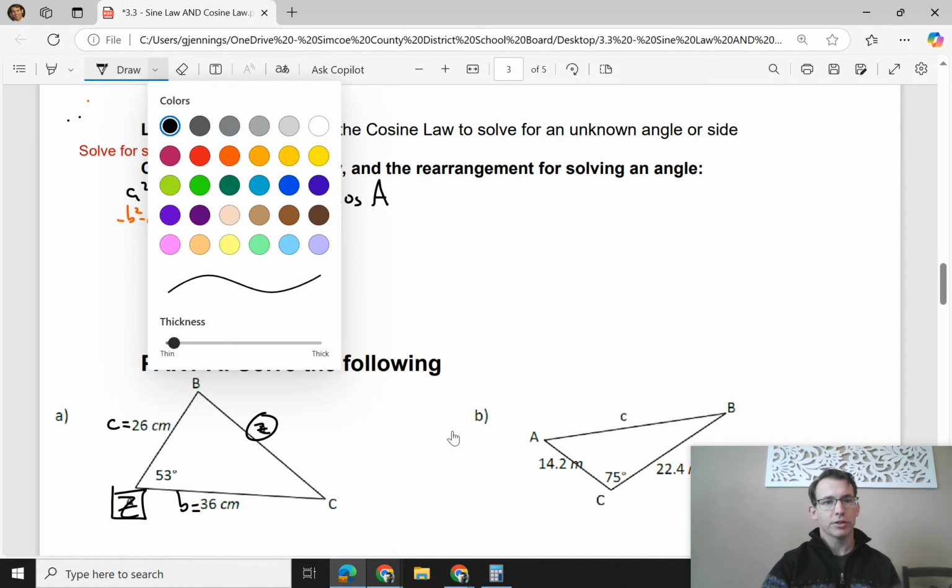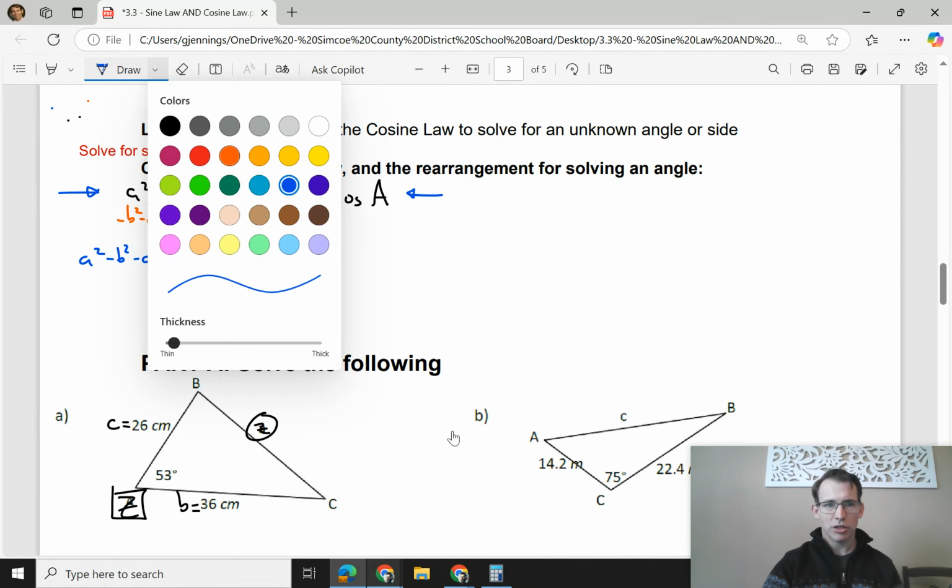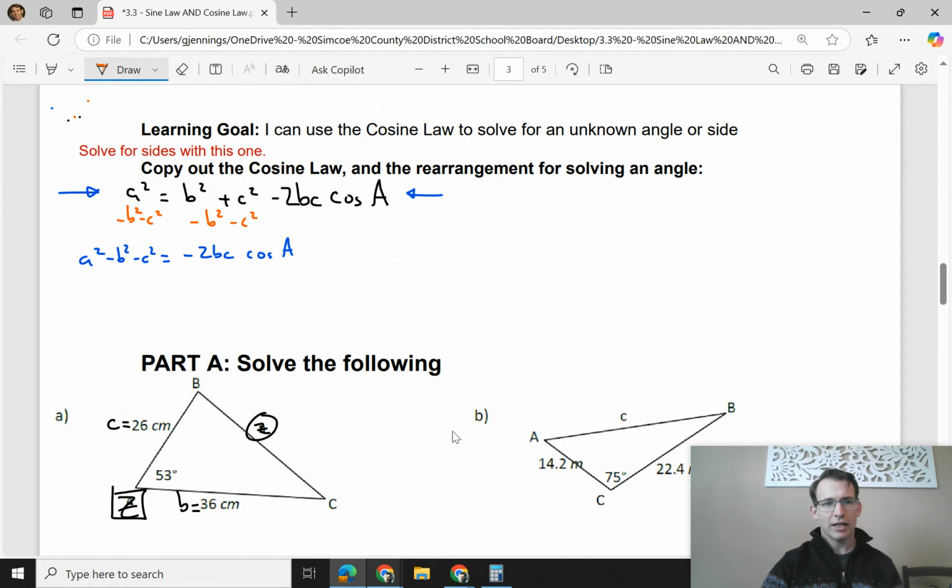I'll do all this in blue so that you can see the beautiful formula there. That's the one you're going to use. So then we have a squared minus b squared minus c squared equals negative 2bc cosine of A. And now we want to isolate cosine A as much as possible. So let's go ahead and divide by negative 2bc.